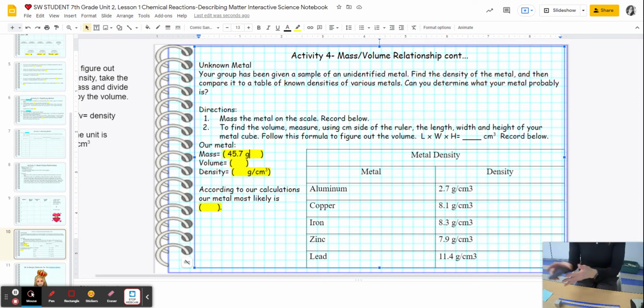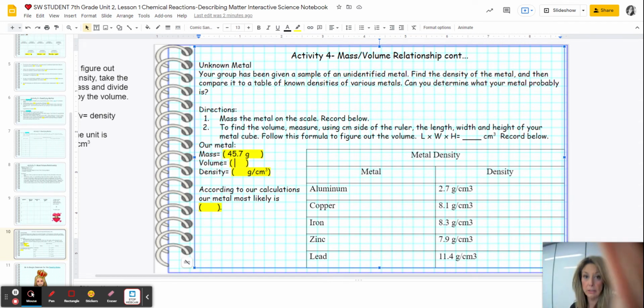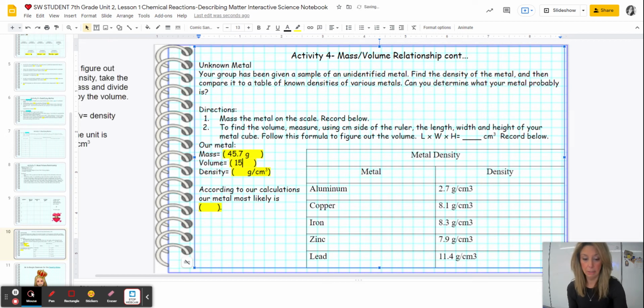So we take the formula, length times width times height, so 2.5 times 2.5 times 2.5 equals 15.625. Going back into the data chart, its volume is 15.625 centimeters cubed.